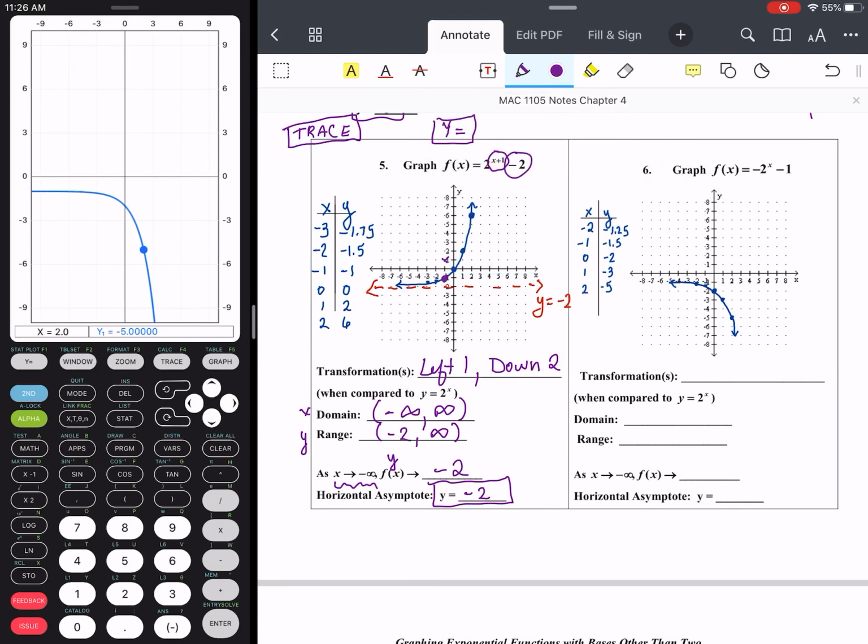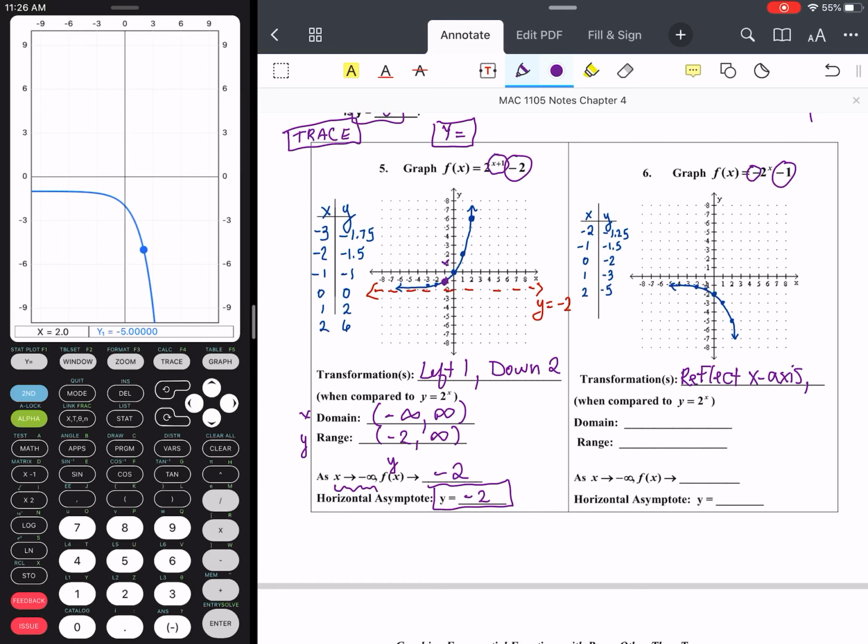So, looking at our transformations, this negative out in front changes the signs of our y values, so that results in a reflection about the x-axis. So reflect across the x-axis. And this -1 is a vertical shift down 1 unit.